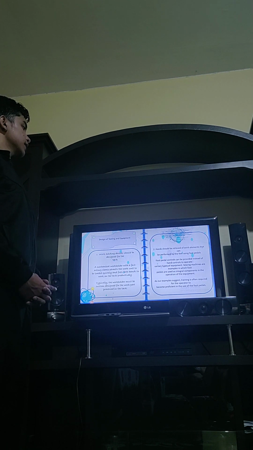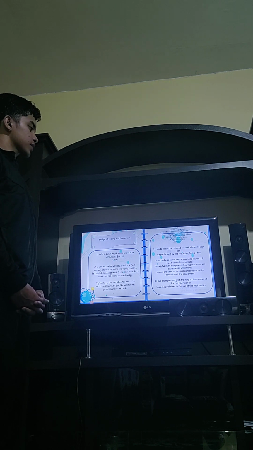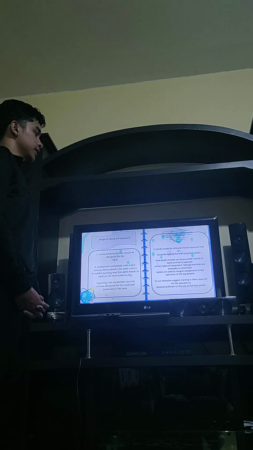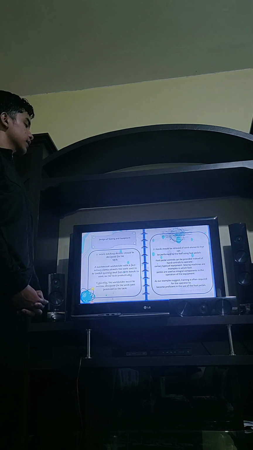Number 2. Hands should be relieved of work elements that can be performed by the feet using foot pedals. Foot pedal controls can be provided instead of hand controls to operate certain types of equipment.